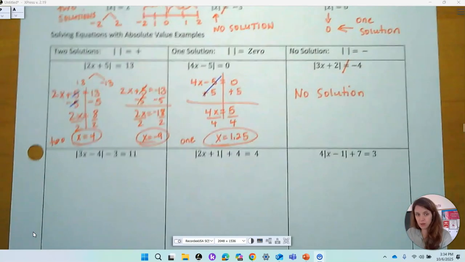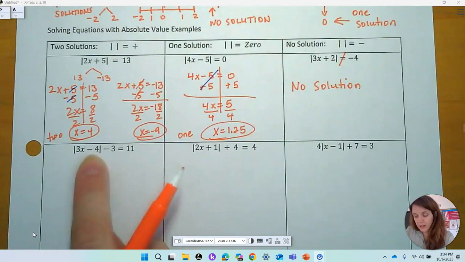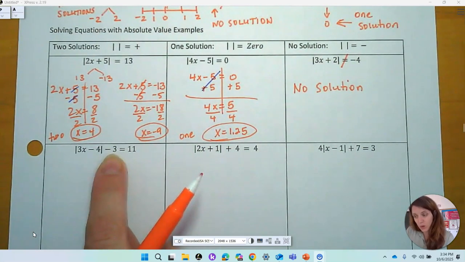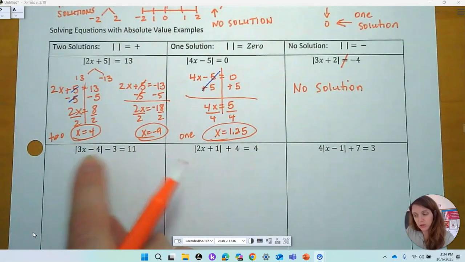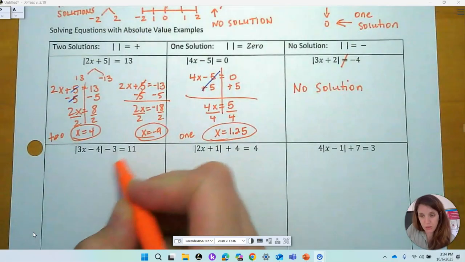So going down to the other ones. In these ones, you will notice that the absolute value is over on the left, but then there is something subtracted from it. So before I can set up my equation saying that my absolute value is equal to something, I need to move this 3.